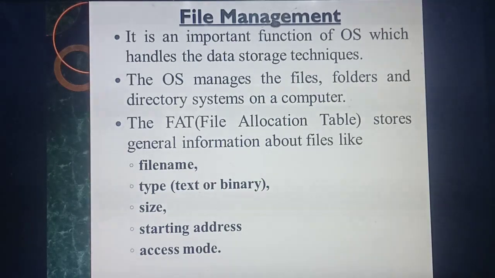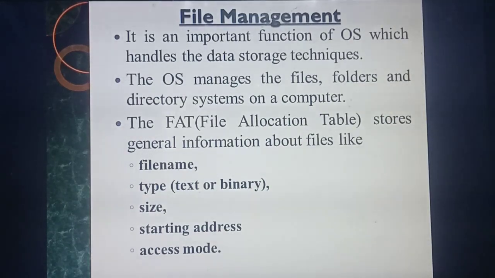The operating system. Once you create a particular folder or one file, each and every file will have one allocation table, that is FAT, file allocation table. What do we mean by FAT?